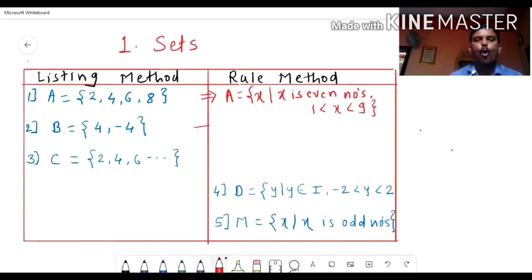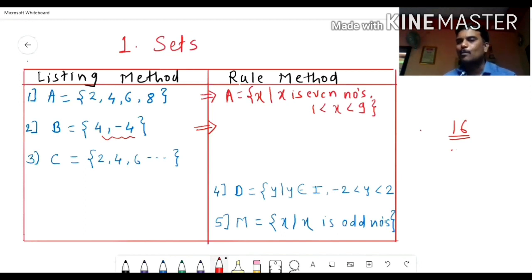It is 4 and minus 4. First you have to consider what the property is. 4 and minus 4, I think it is the square root of 16.